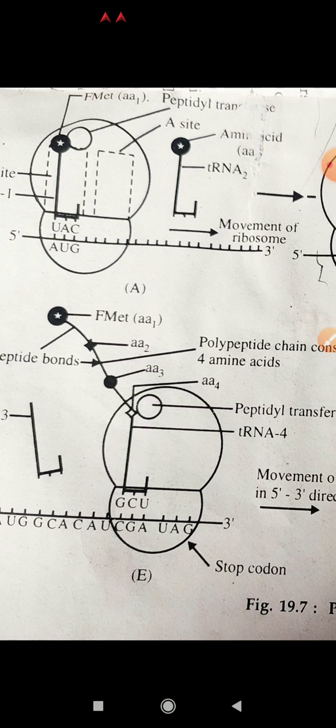Termination codons actually give a signal to the ribosome to attach with a terminating protein factor called the release factor, or RF. In case of prokaryotes, these release factors are named RF1, RF2 and RF3.